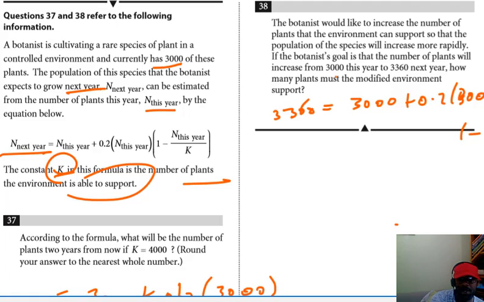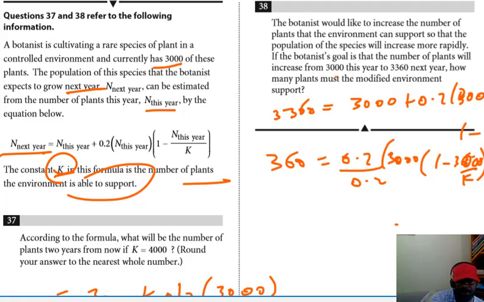What we need is the value of K. So anyway, subtract 3,000 from both sides. So we have here 660 equals 0.2 times 3,000. Of course, we can simplify this. 1 minus 3,000 over K.